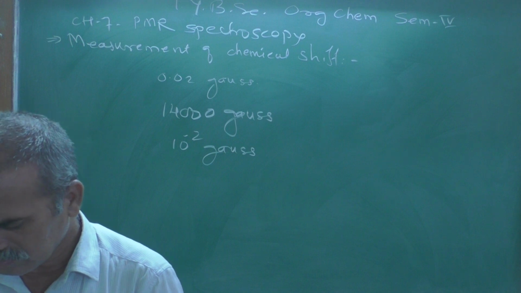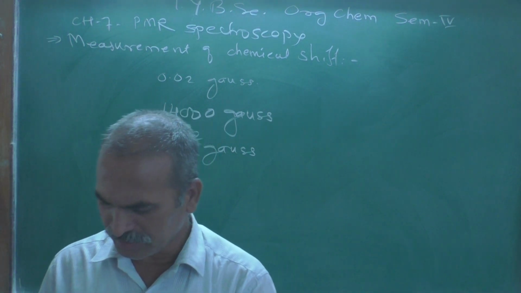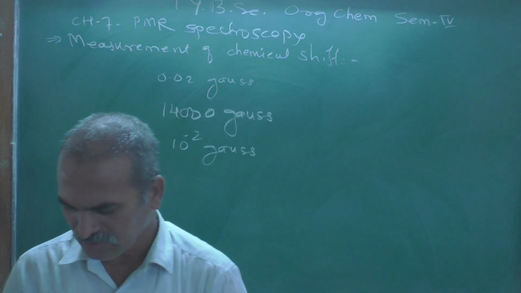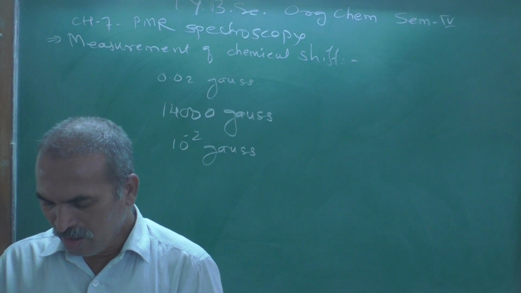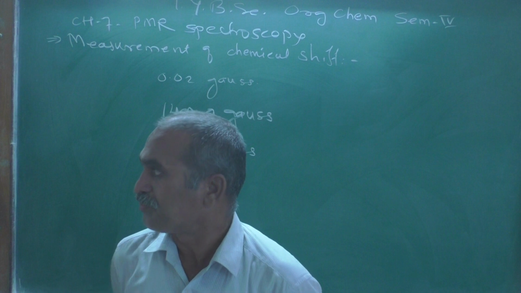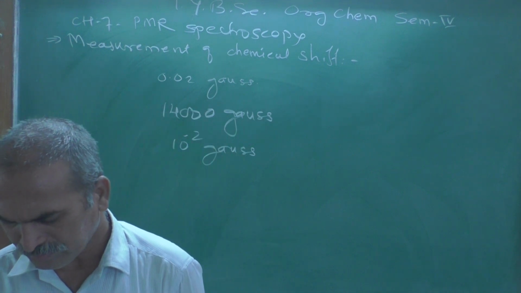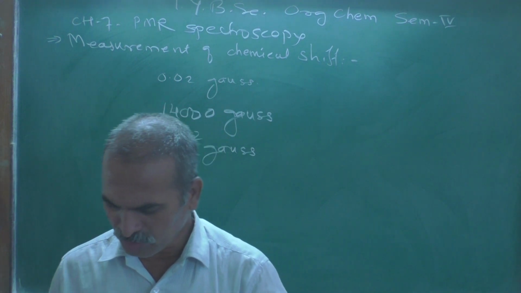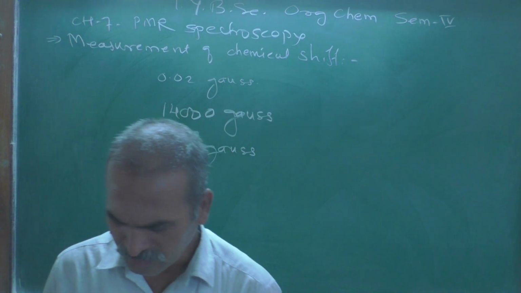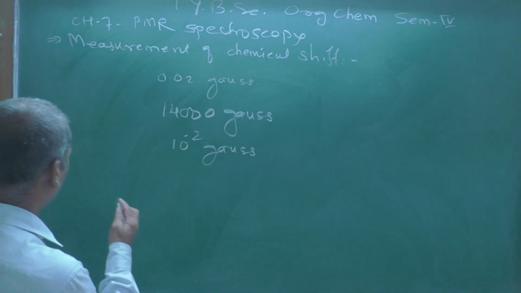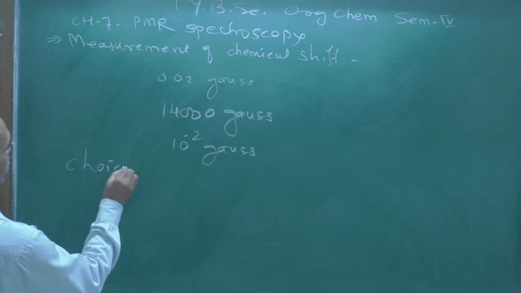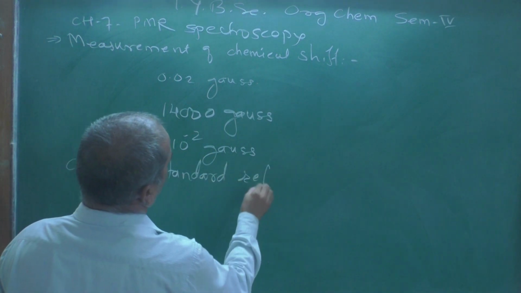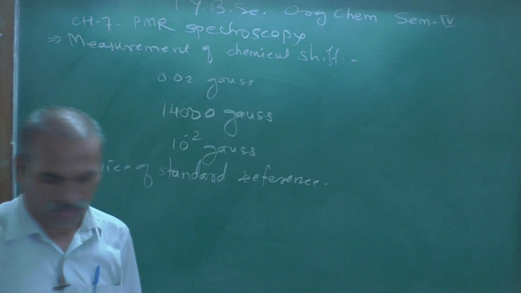However, the relative peak position can be measured with the required accuracy by comparing the magnetic field of a given proton with that of some proton chosen as a standard. That is the choice of standard reference.